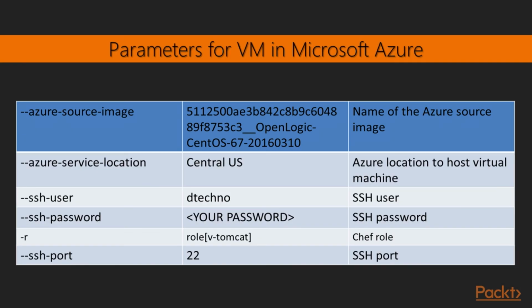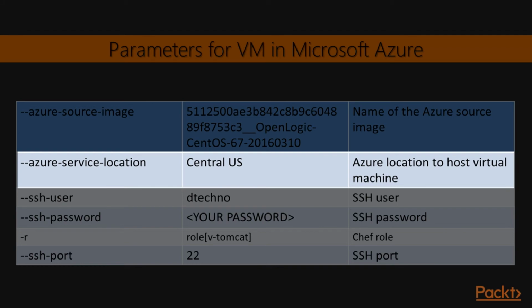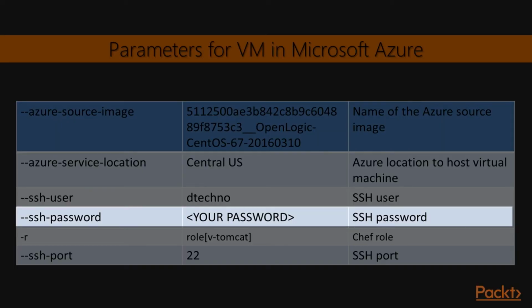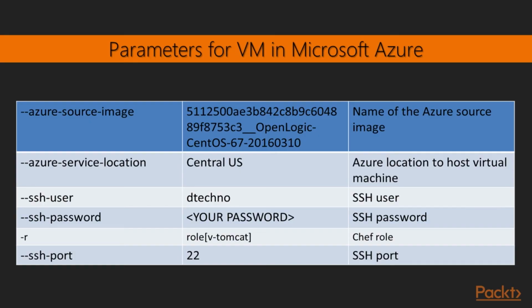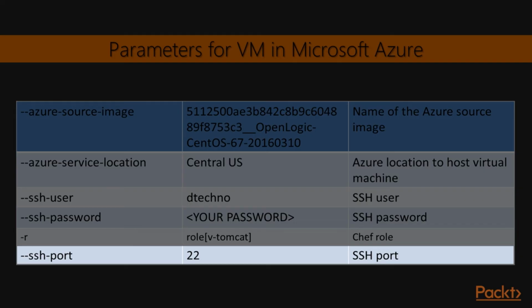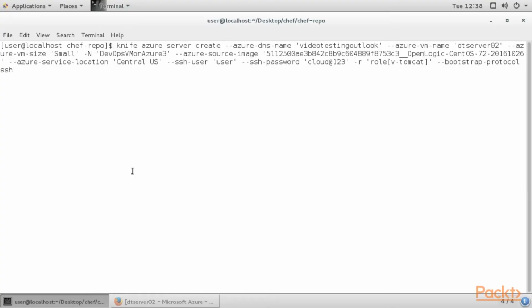Azure-source-image: name of the Azure source image. Azure-service-location: Azure location to host virtual machine. SSH-user: SSH user. SSH-password: SSH password. R: role. SSH-port: SSH port.